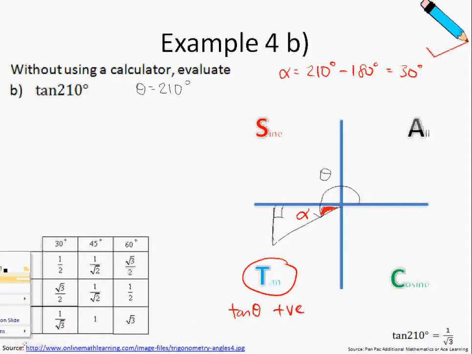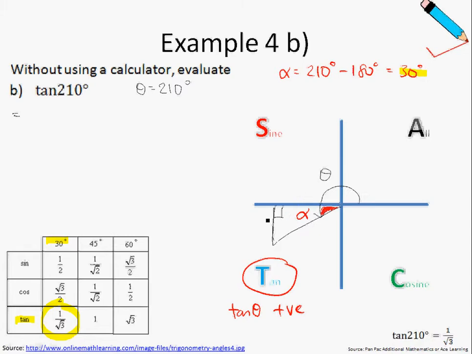So what are we going to do next? We are going to use this table over here. So the tangent of alpha will be the tangent of 30 degrees, since alpha is 30 degrees. So tangent of 30 degrees is just 1 over root 3. Also recall that tangent is given as opposite over adjacent.